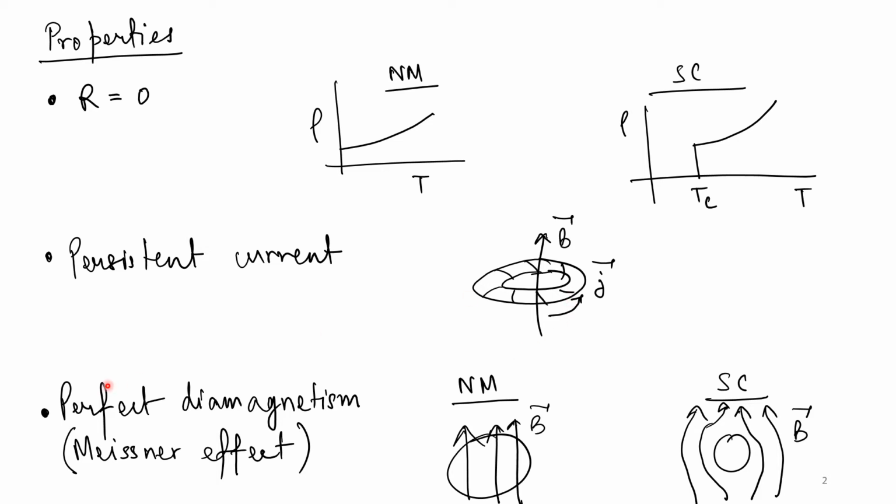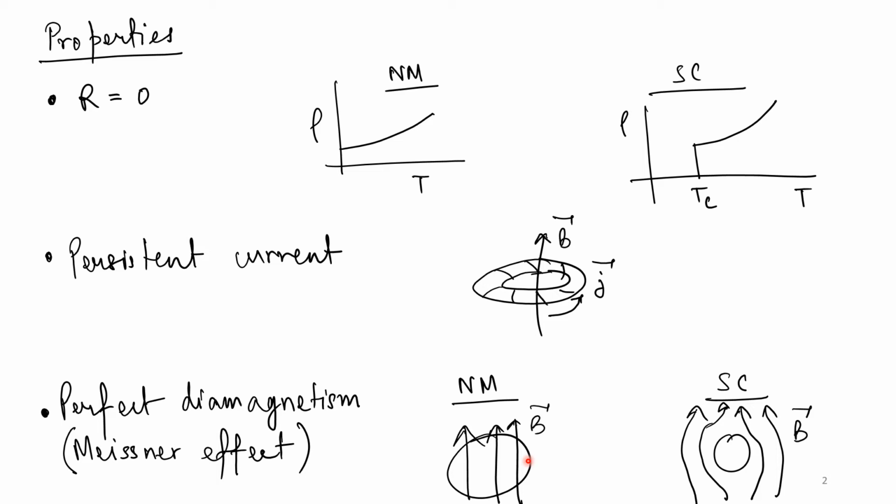Okay. Then the third property that a superconductor should exhibit, again, I'm sure all of you have encountered this, is something called the Meissner effect, which is perfect diamagnetism. What does that mean? Well, we know what a diamagnetic system is. Very simply, I take a system, I apply a magnetic field, and the question is whether the system allows the field to go through or does it shun it, does it avoid it, right?